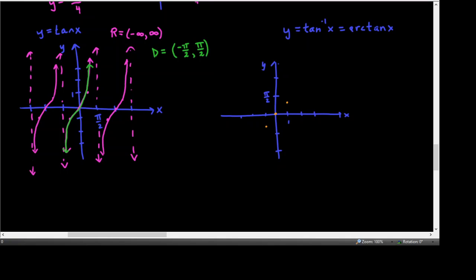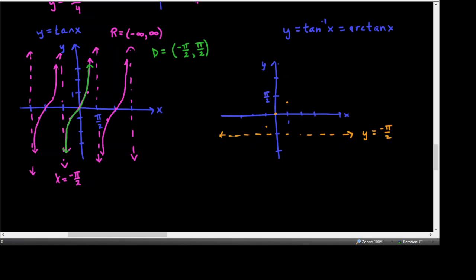The vertical asymptote at x equals -π/2, when we're switching x's and y's, will become an asymptote at y equals -π/2. And so any vertical asymptote, when you do the inverse, becomes a horizontal asymptote. And of course the equation of that is y equals -π/2, if anyone asks.